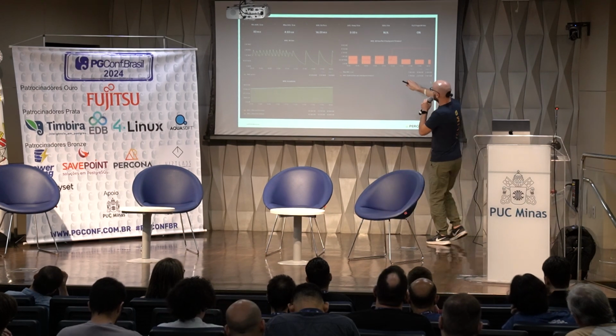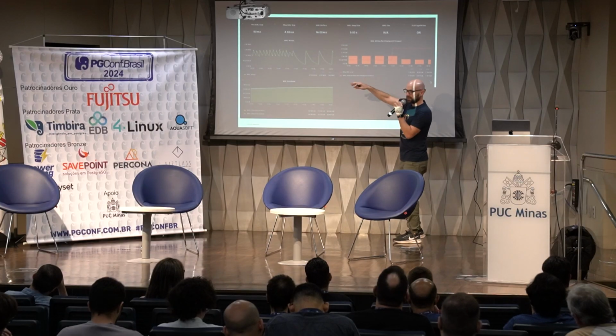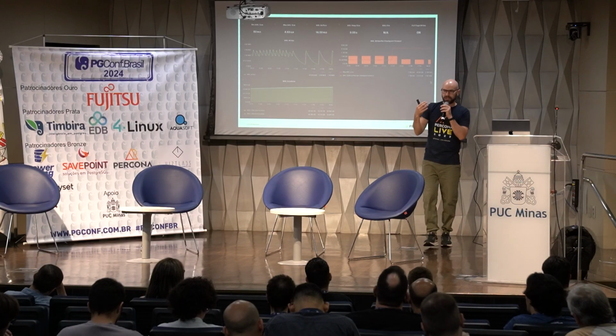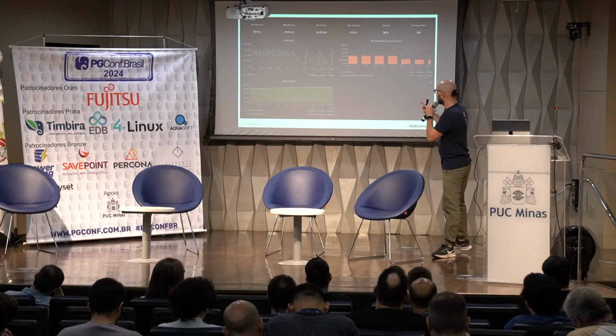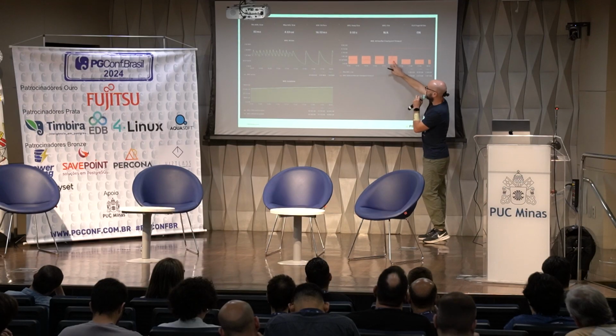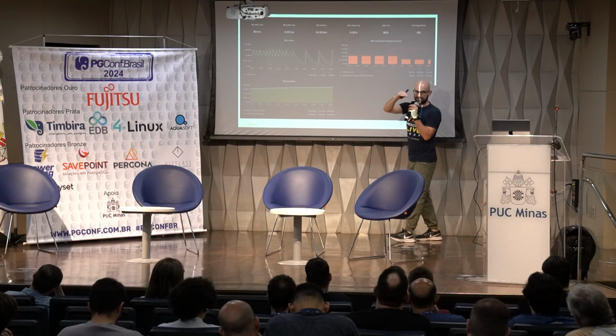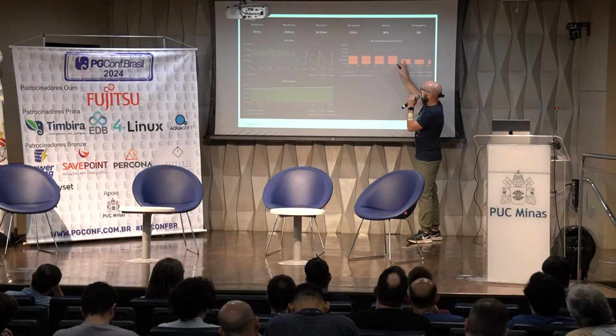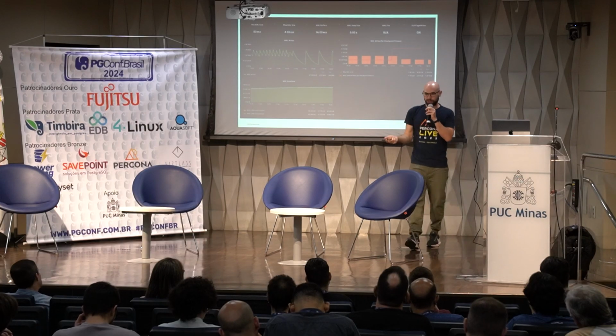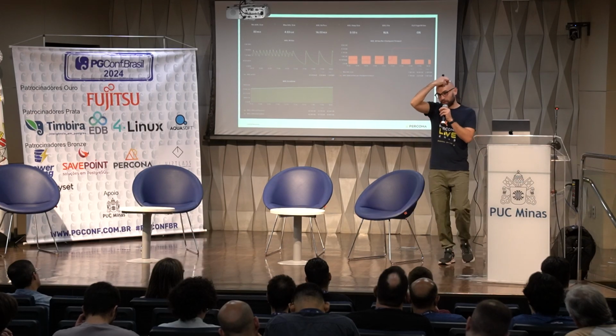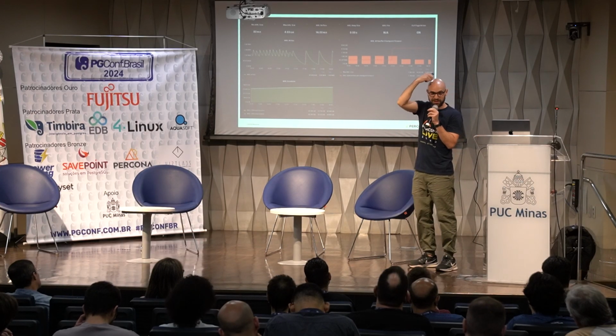And after I did this graph, it's how I started to learn how the actual checkpointer works. This was very unexpected for me, because the write workload was the same, but we were writing almost half as much to the WAL. So what the hell is going on here?